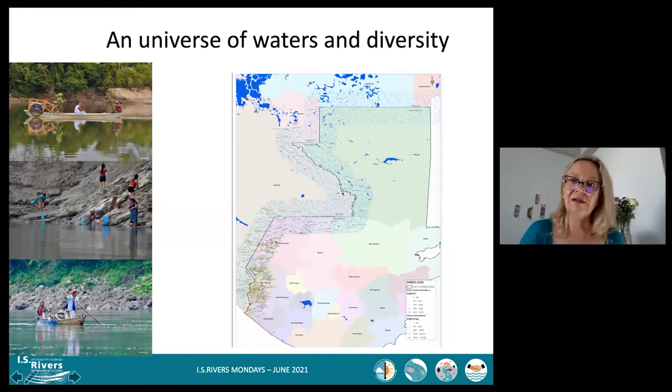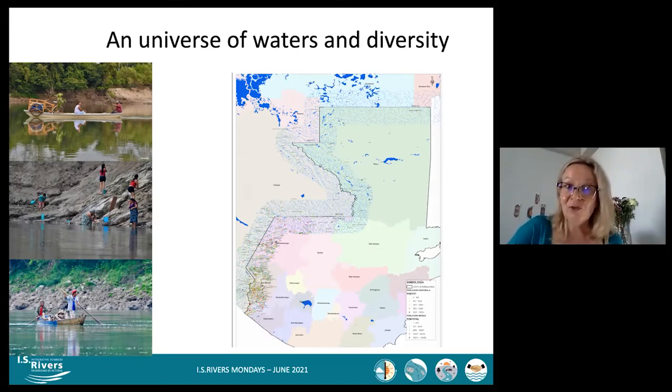So it's a universe, as you can see on the map, where we've looked at all of the superficial water resources between the border of Mexico and Guatemala. There's water everywhere in different forms. This doesn't mean, as you can appreciate on the photos, that everyone has access to drinking water.